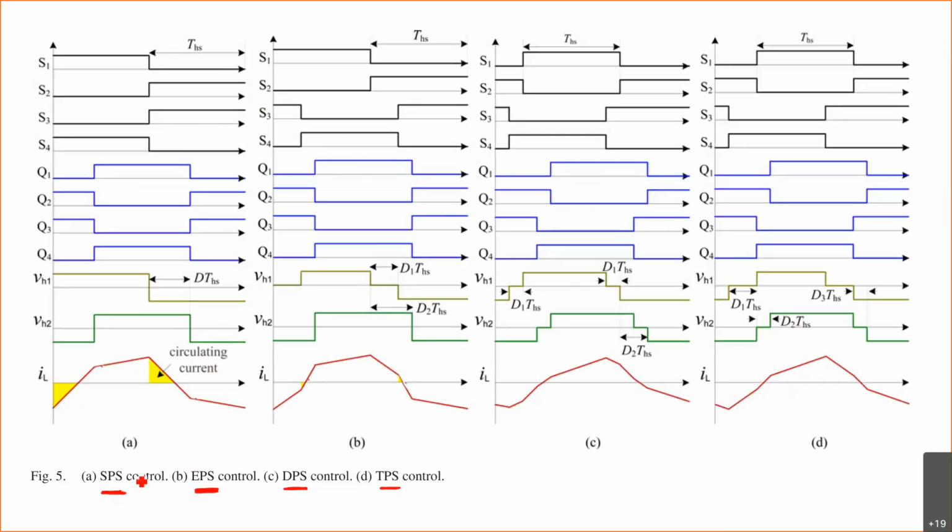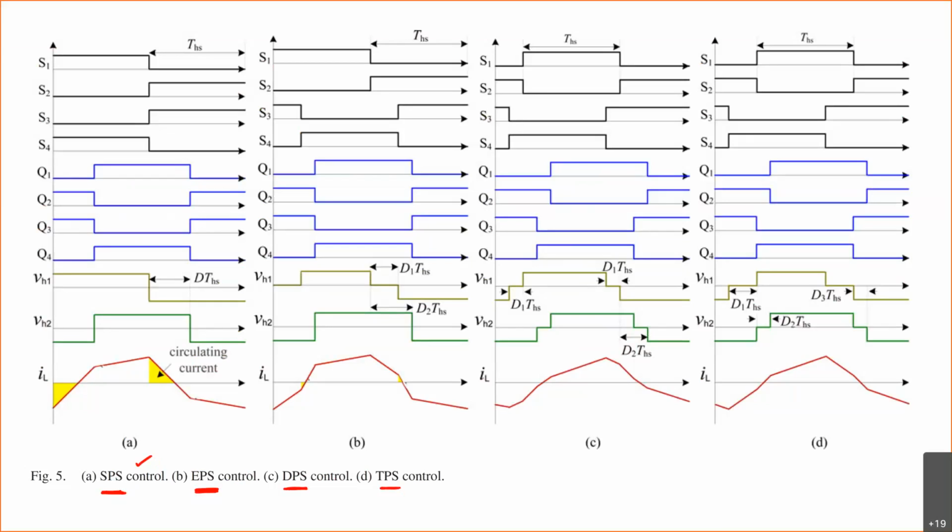First they started with SPS. After that, since there were some drawbacks in the single phase shift, they proposed the extended phase shift, then double phase shift, and now triple phase shift. So let us come to the single phase shift control.